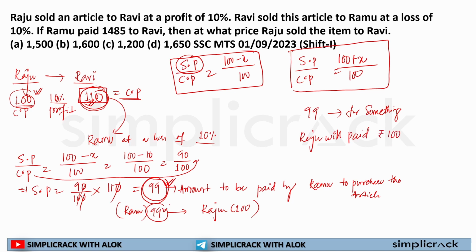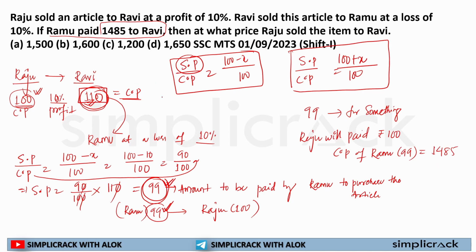If Ramu is paying 99 for this thing, the cost price for Ramu is 99, and the cost price for Raju is 100. But in this case, it is given that Ramu paid 1485 to Ravi. So the cost price of Ramu, that was 99, is equal to what? His 99 is 1485.